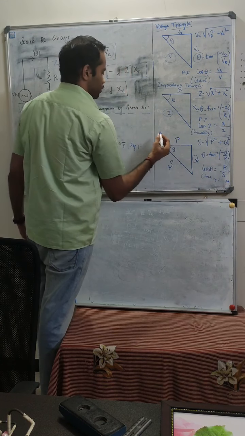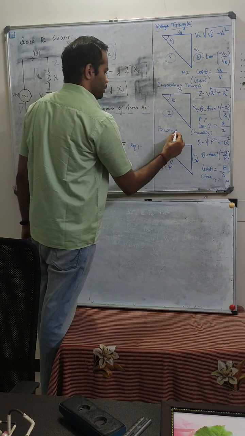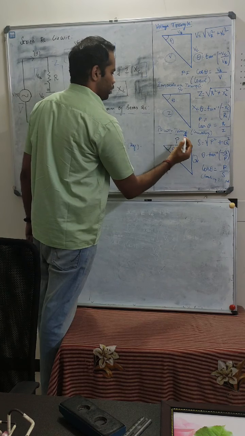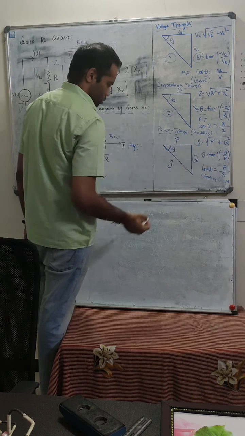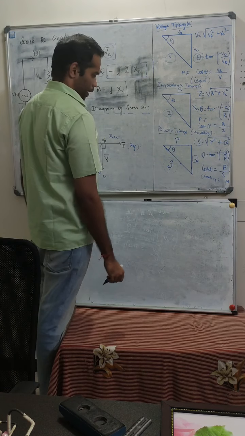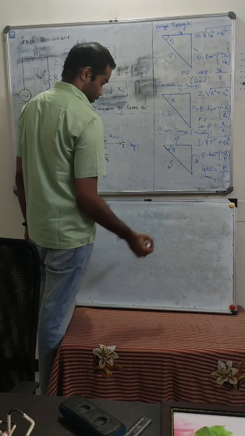This is the power triangle, which we discussed in the last class. In your power triangle you will see S, which is your apparent power, and your real and reactive power.